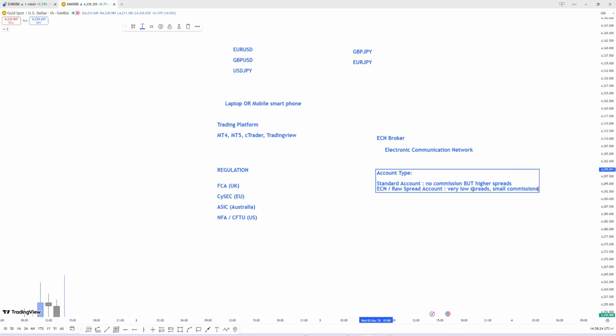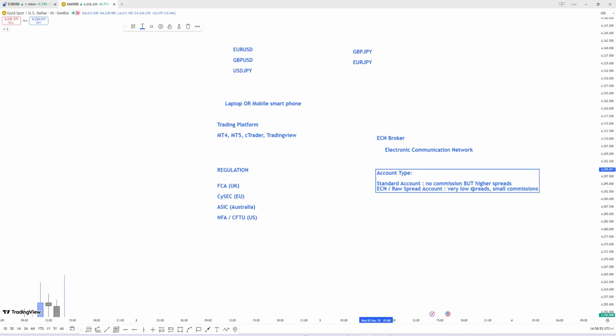In my sincere opinion, if you are serious about trading, an ECN account is usually better, because the commission is very low and the spread is very, very low compared to the standard accounts, which have a very high spread, and this can actually kill your profit. I mean, it can take away your profit.